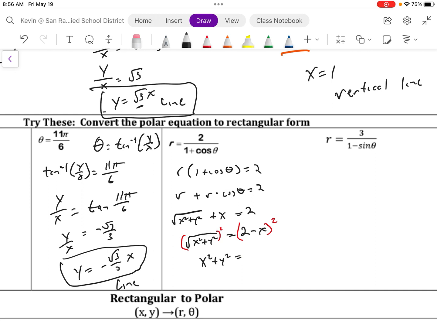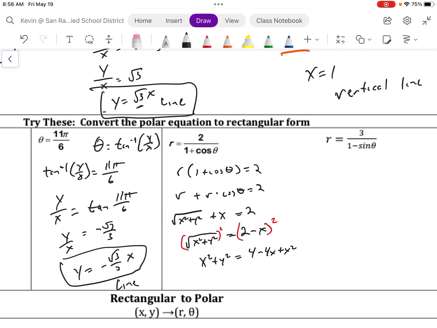And I come over here and I have to multiply this out: 2 minus x, 2 minus x. So that's 4 minus 2x minus 2x plus x squared, so this is 4 minus 4x plus x squared.